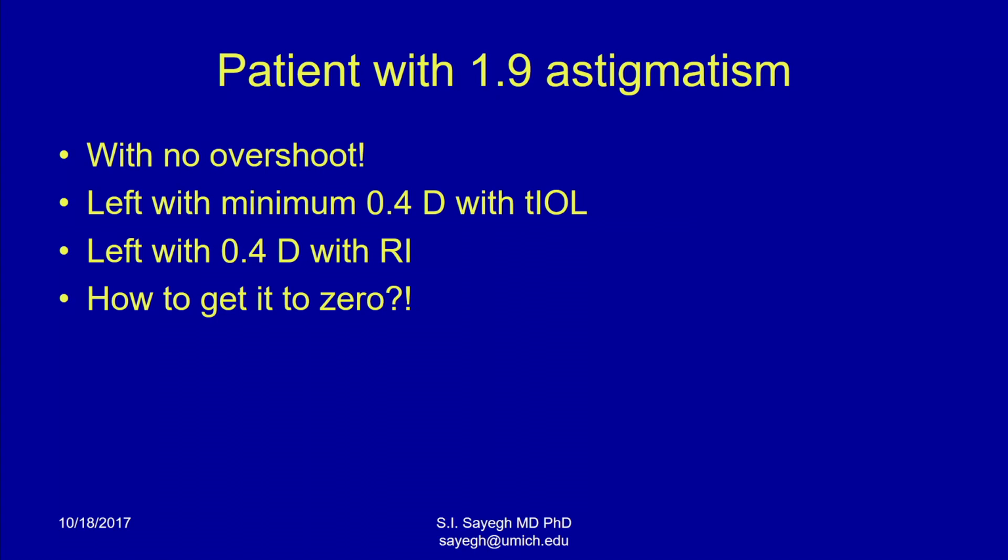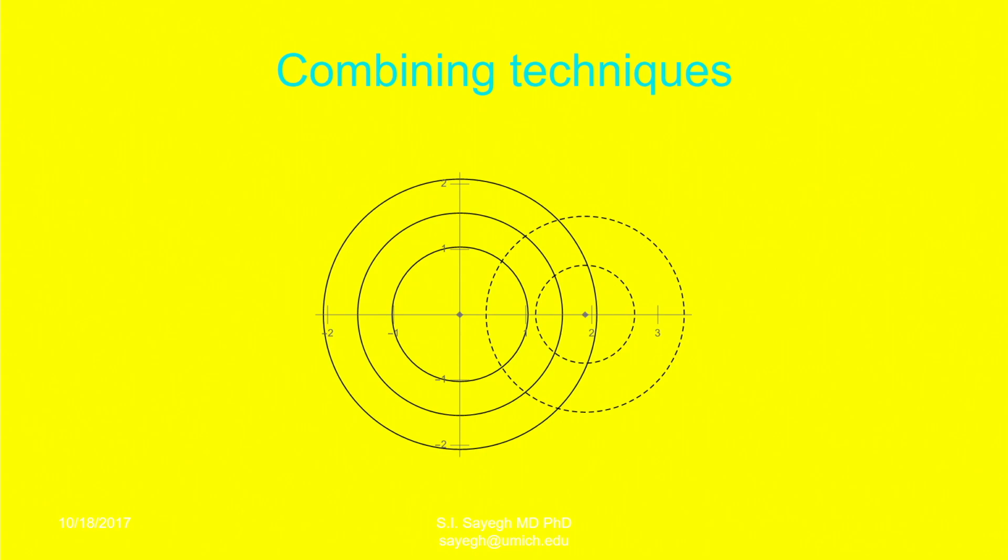So how can you get this to 0? That's the question. So this is something I did in Mathematica. And basically the idea here is the solid circles represent what you can correct with incisions. And the dotted circles correspond to what you can correct with intraocular lens, or the other way around, it doesn't matter, right?